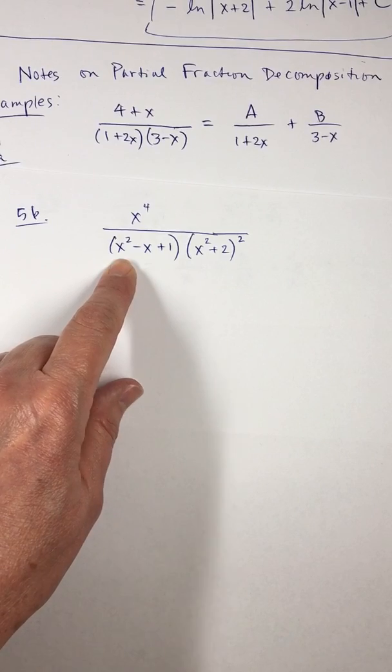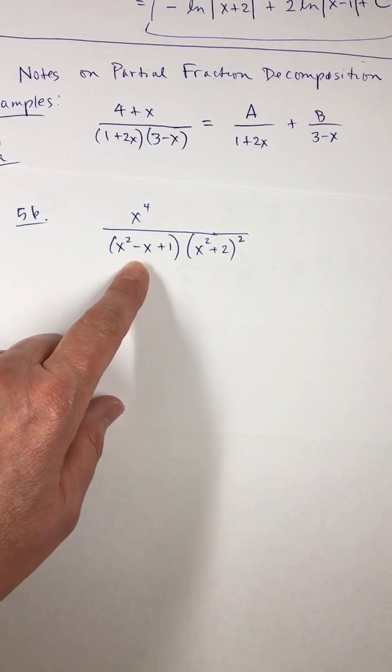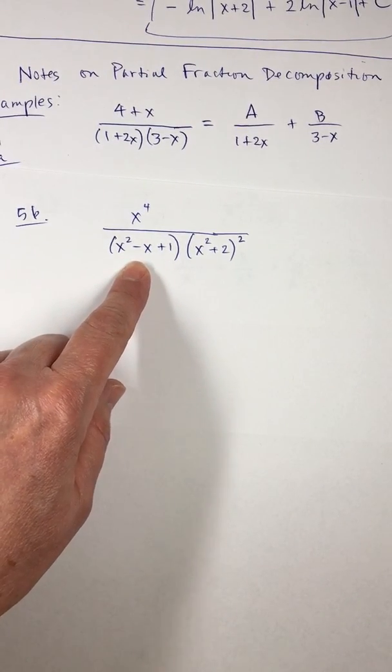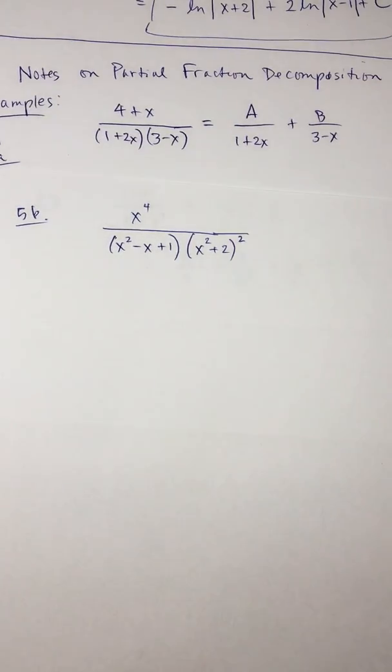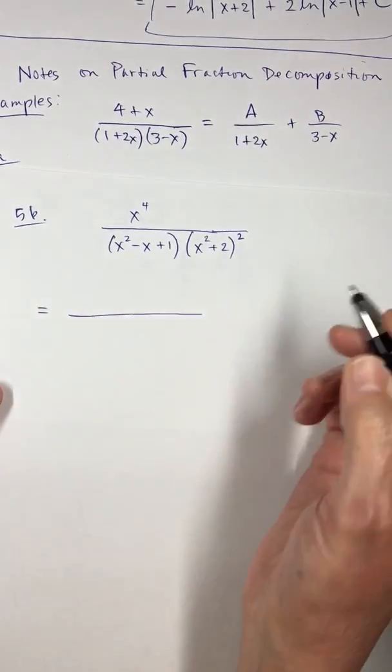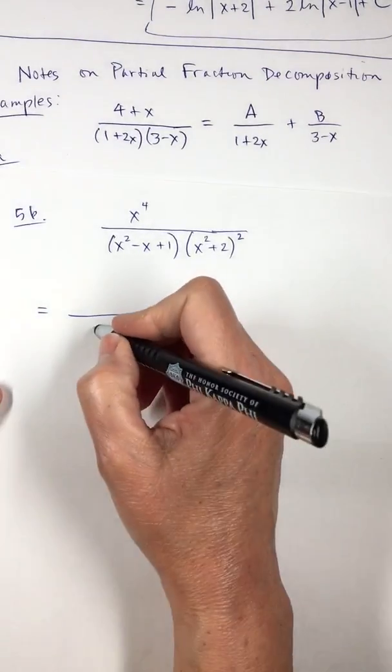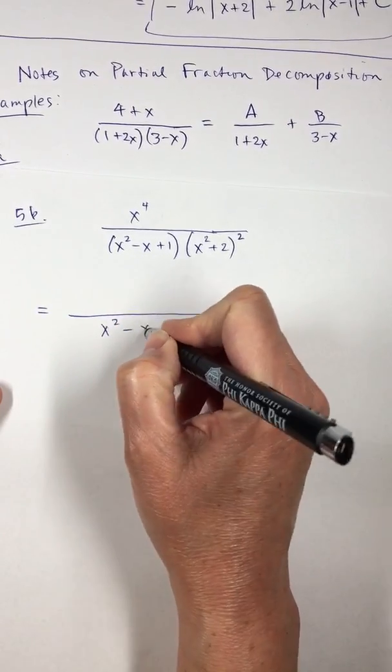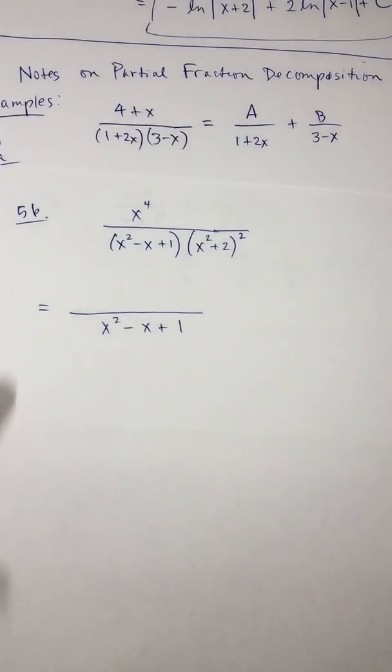Now, that means this first factor is not linear. So that's a different story when you're doing partial fraction decomposition. I would do this. The first fraction is x squared minus x plus 1. So something over that.